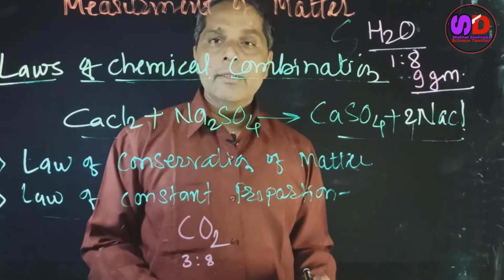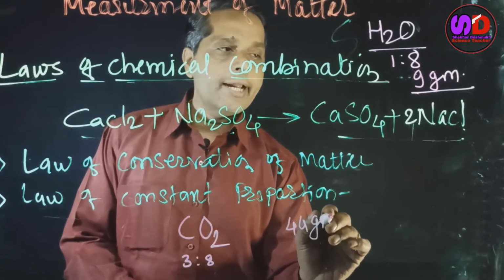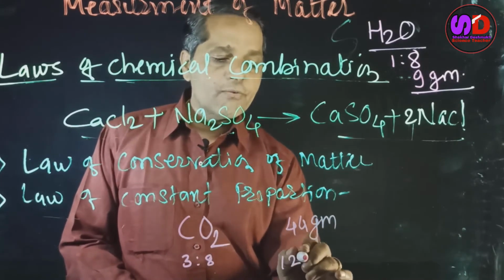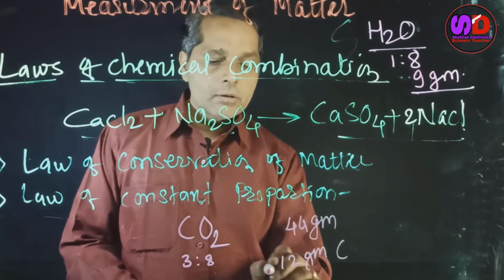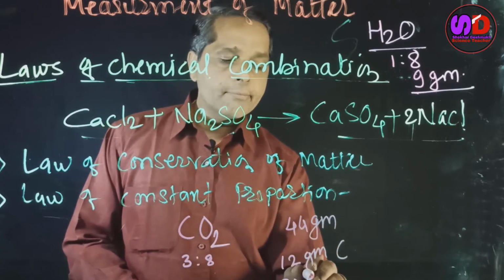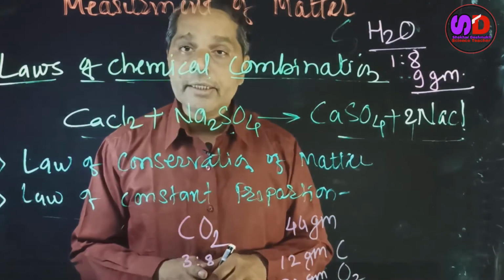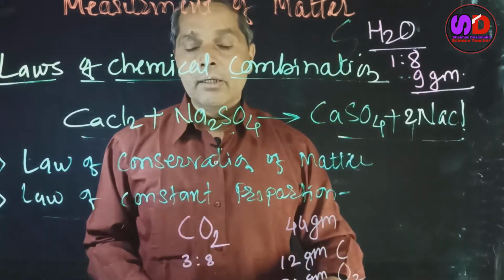That means if we take 44 grams of carbon dioxide, then 12 grams of carbon and 32 grams of oxygen are present in it, irrespective of the source of the matter.